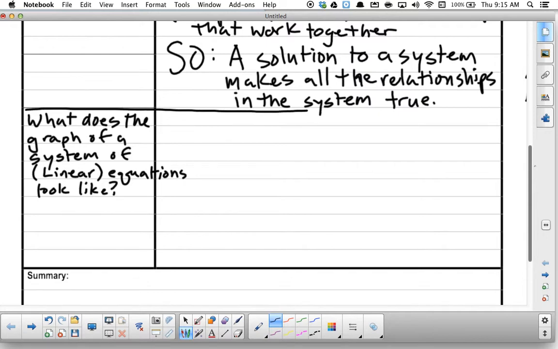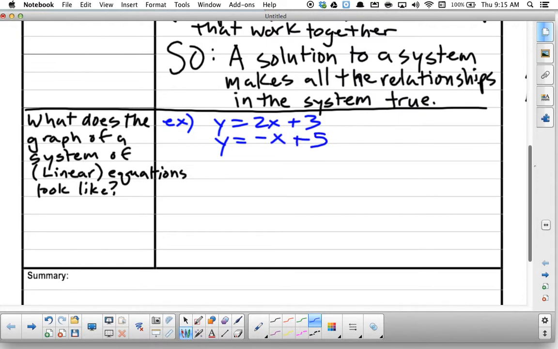I'll kind of put this bar here so it's easier not to confuse. I'll change colors. What does the graph of a system of linear equations look like? So for the system y equals 2x plus 3 and y equals negative x plus 5, it's going to look like this.